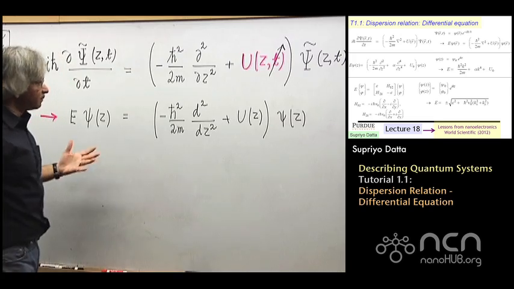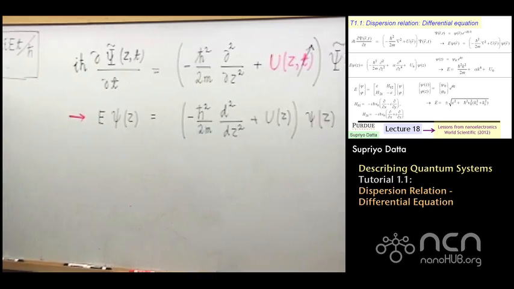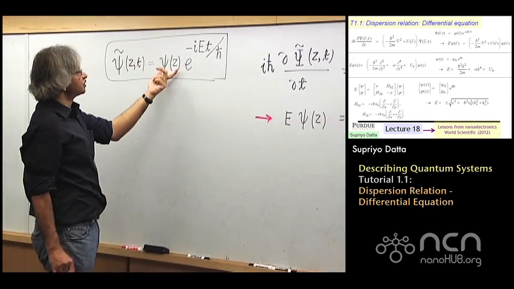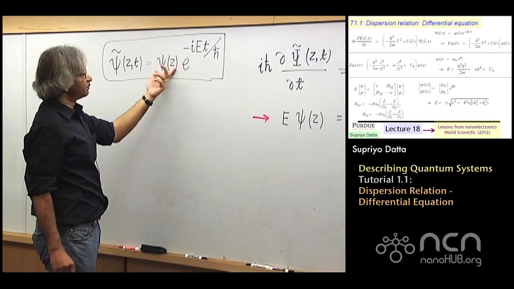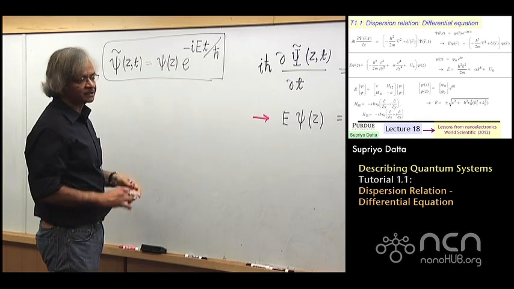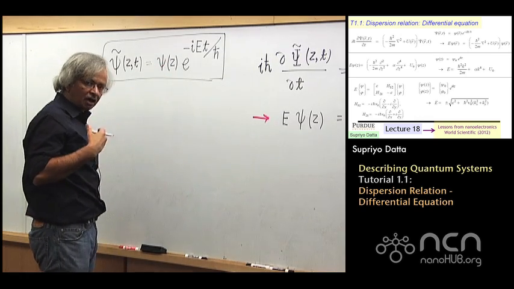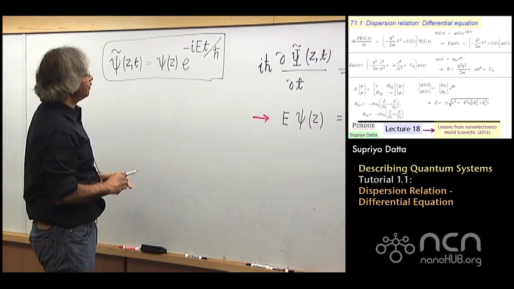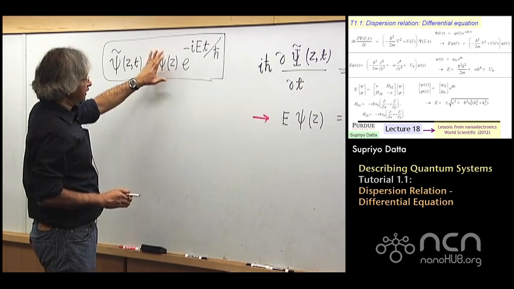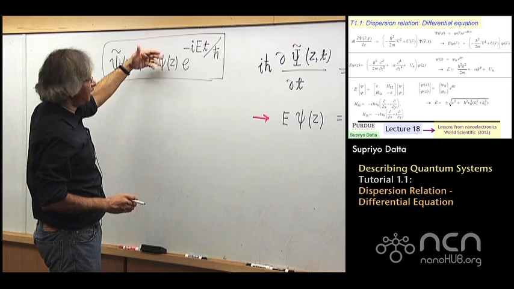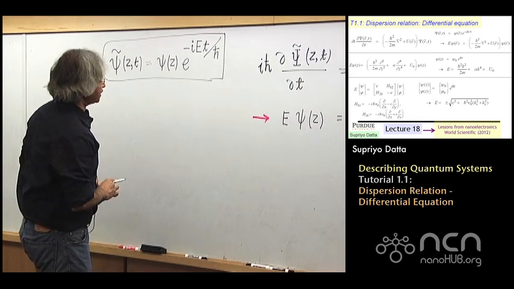So as long as it depends on z, you cannot write the solutions to the z part in terms of exponentials. What I'll talk about next is when you have potentials that do not vary spatially, what you can do then. Basically, even the z part can then be written in the form of exponentials.